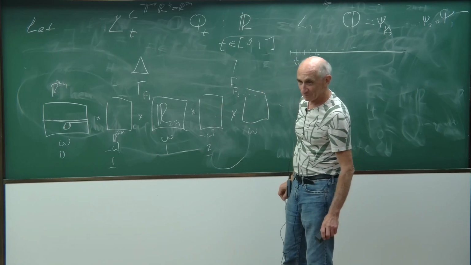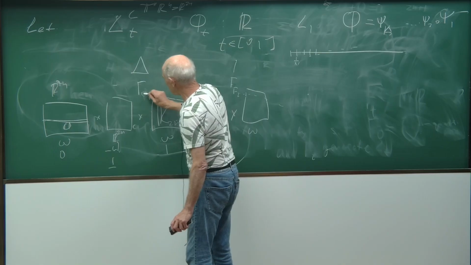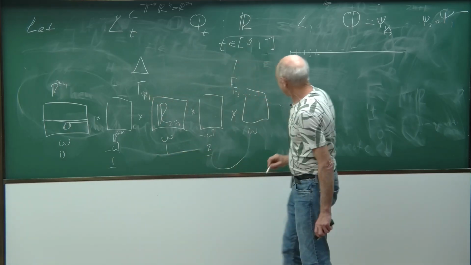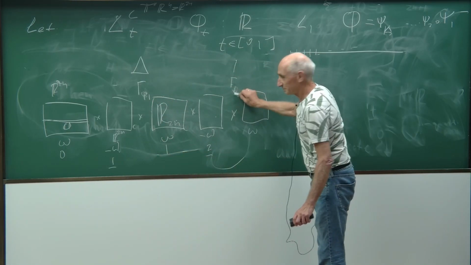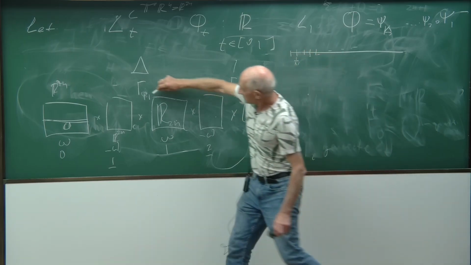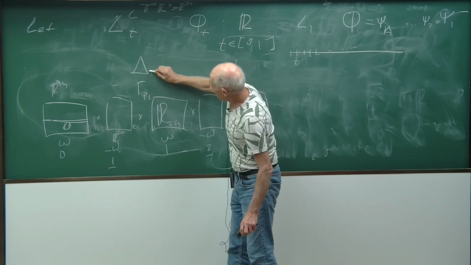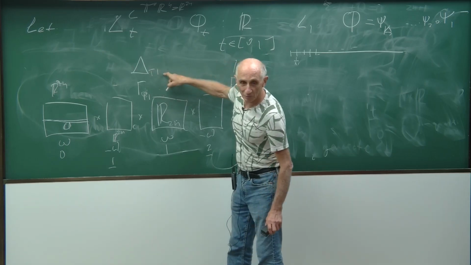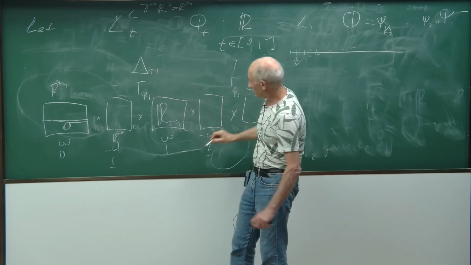What are F1 and F2? There is no F1. There is a psi 1. Okay? So this graph of psi 1 is very close to this diagonal delta 1 bar 1, because I just lit one.